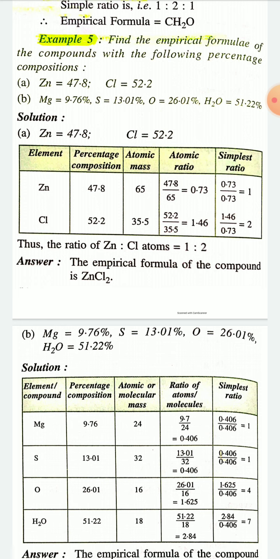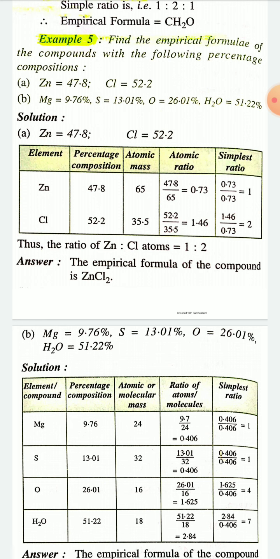So the atomic ratio of zinc is equal to the percentage composition of zinc divided by the atomic mass of zinc, that is 65. So the atomic ratio of zinc is 47.8 divided by 65, that is 0.73.